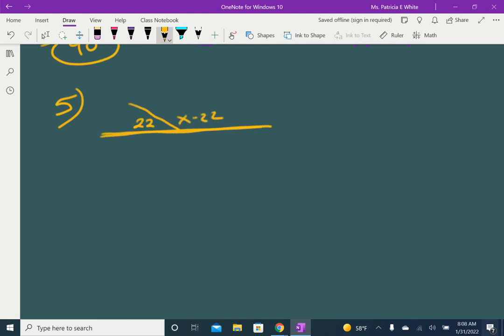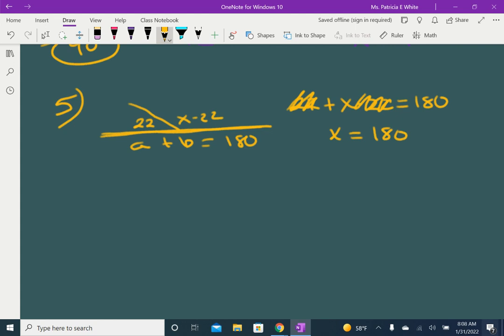X minus 22, 180. A plus B equals 180. This one was a little bit tricky because 22 plus X minus 22 equals 180. These two cancel each other, and you get left with X equals 180. That's just a little bit tricky, but it is what it is.